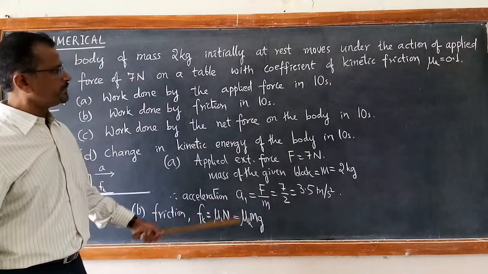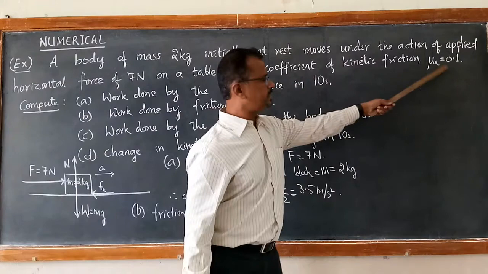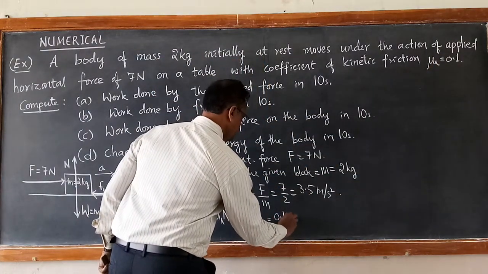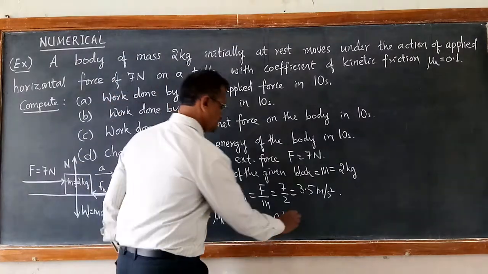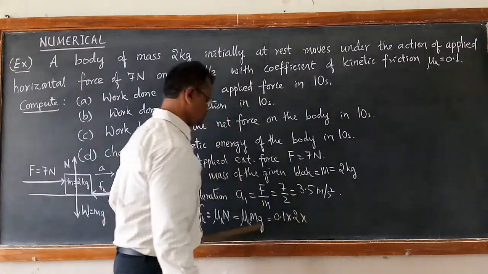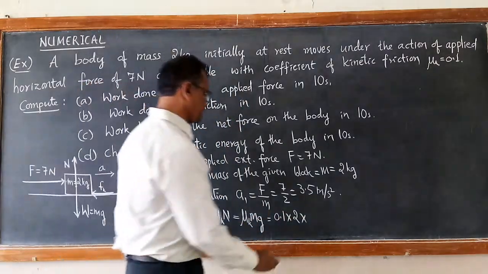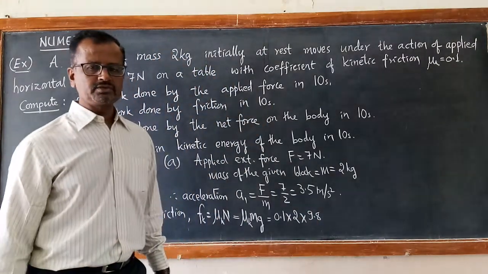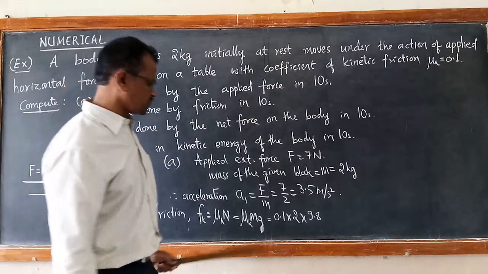Substitute the value of mu k. Mu k is given here as 0.1, into mass 2 kg, into acceleration due to gravity, taking 9.8 meter per second square.